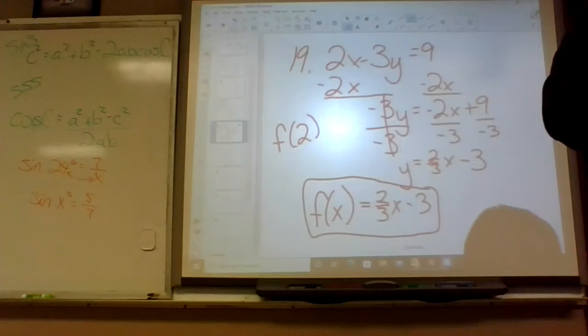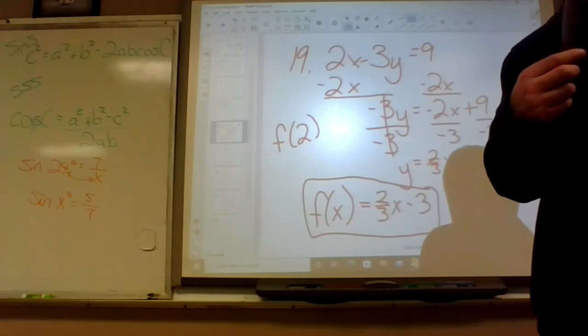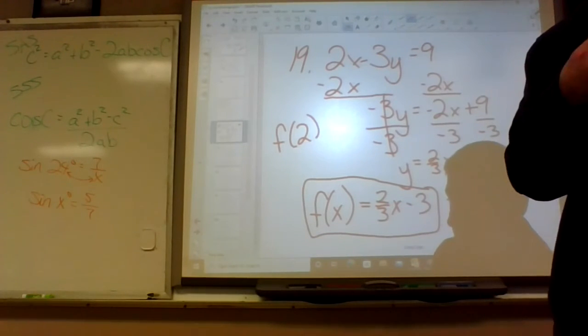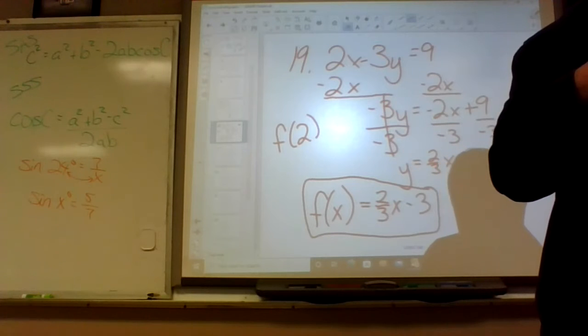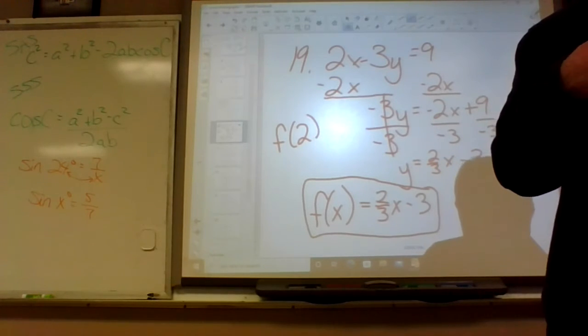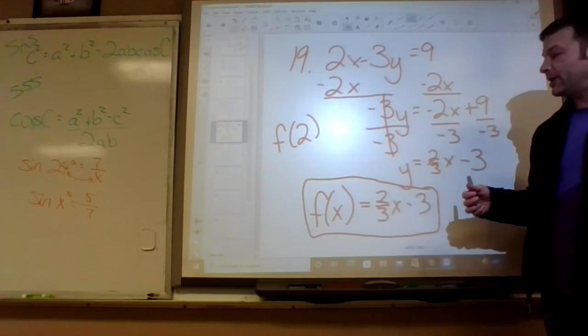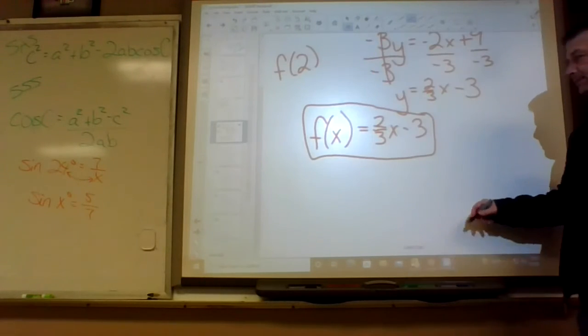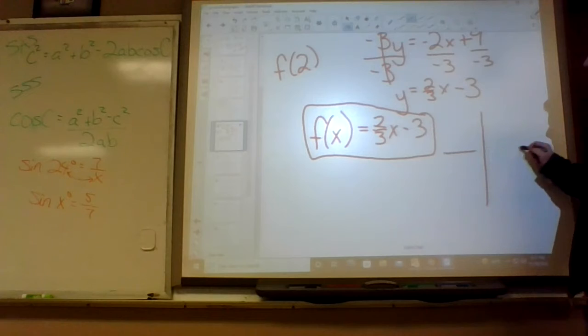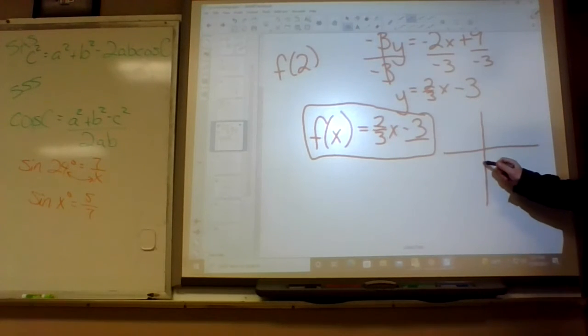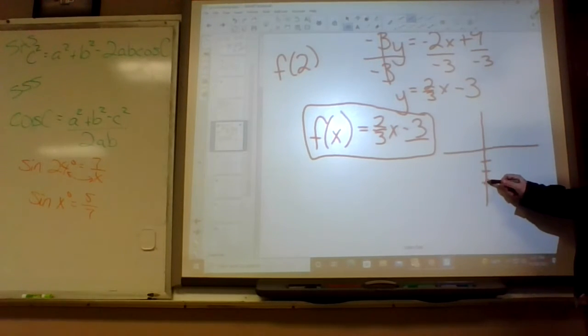We're only halfway done. So we're going to graph this, right? Yes, number 19. Where are we going to start out on the graph? Down 3. The y-intercept is negative 3. 1, 2, 3. Put a dot.